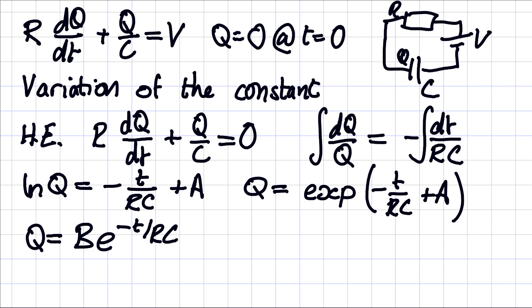Now in the method of variation of the constant, the way I find a solution to the inhomogeneous equation is by replacing the constant B by saying that B is a function of time.